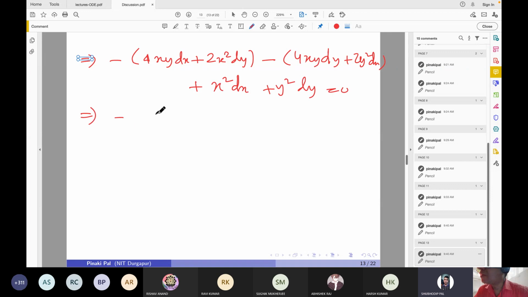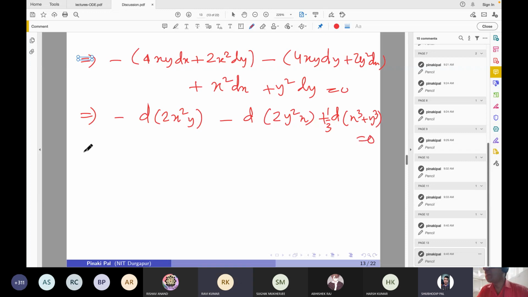That means this can be written as d of 2x square y minus d of 2y square x plus d of 1/3 x cube plus y cube. Now you can see that the entire thing is d of (1/3 x cube plus y cube minus 2x square y minus 2xy square) equal to 0.